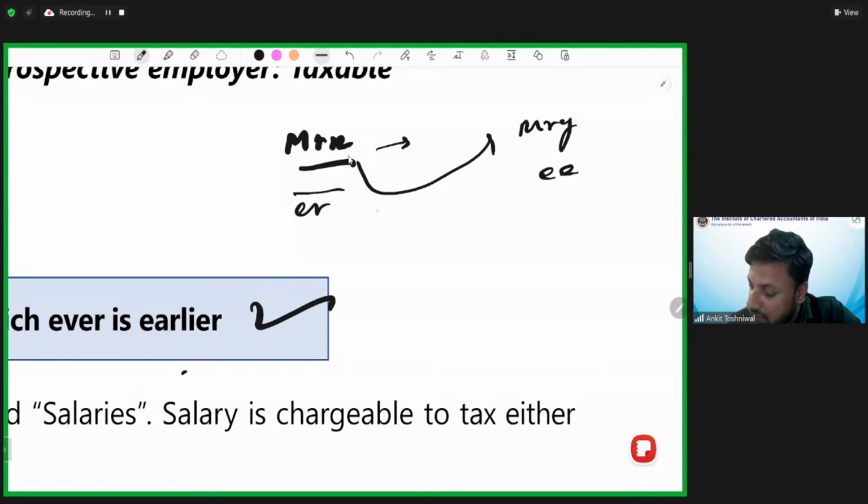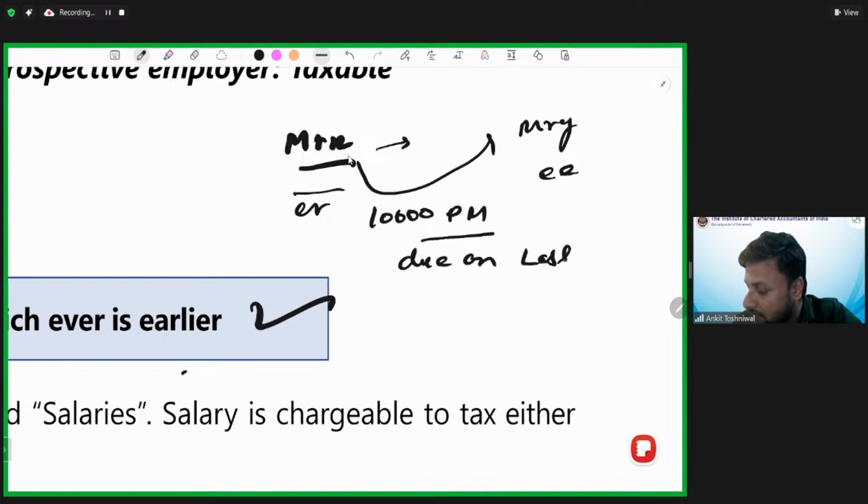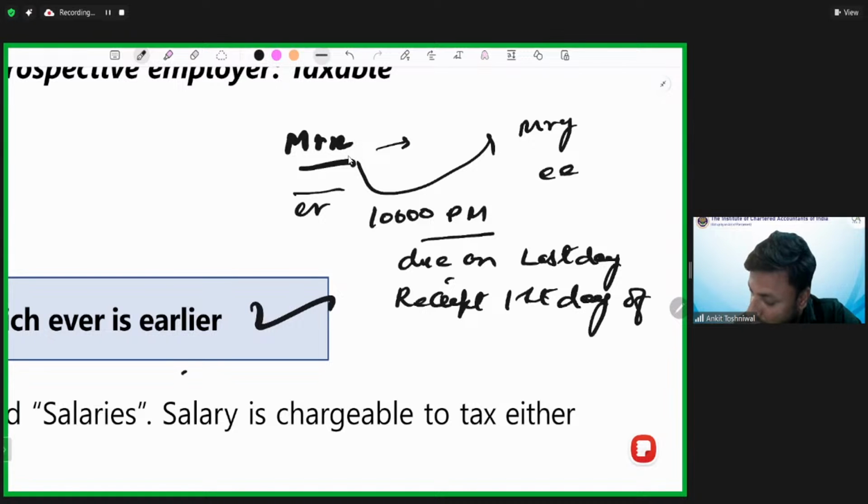So if he gives a salary of 10,000 per month to Mr. Y, and the salary is due on the last day of the month, while receipt is on the first day of the next month, when is it taxable?